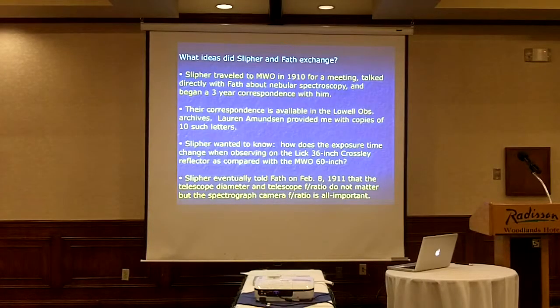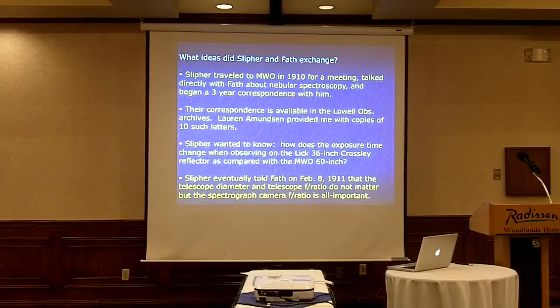That's a big difference in aperture, and Slipher had deduced, very interestingly, that if you have a true nebular spectrograph, the speed of the spectrograph, that is the energy concentration at the plate that you see to detect the nebula, should not change as a function of aperture of the telescope or the F ratio of the telescope, that it should depend only on the F ratio of the camera lens. And he wanted to know; Fath could answer that question because he had worked at both telescopes.